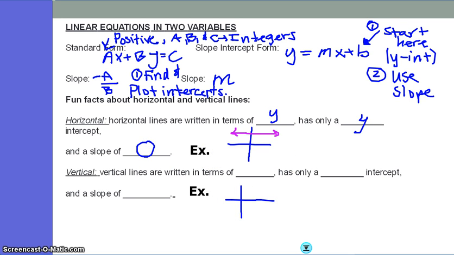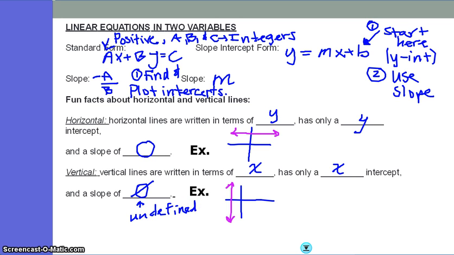Compare that now to a vertical line, which is written, oops, that's not quite vertical, which is written in terms of x and only has an x-intercept and a slope. Think about it. Could you walk up this line? Nope. This would be an undefined slope. That's what that means, undefined.